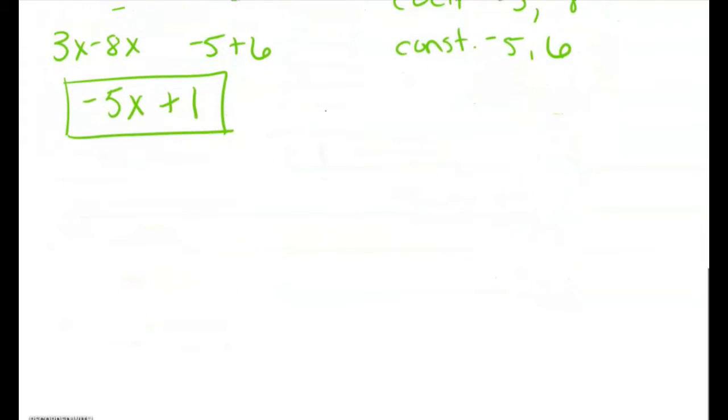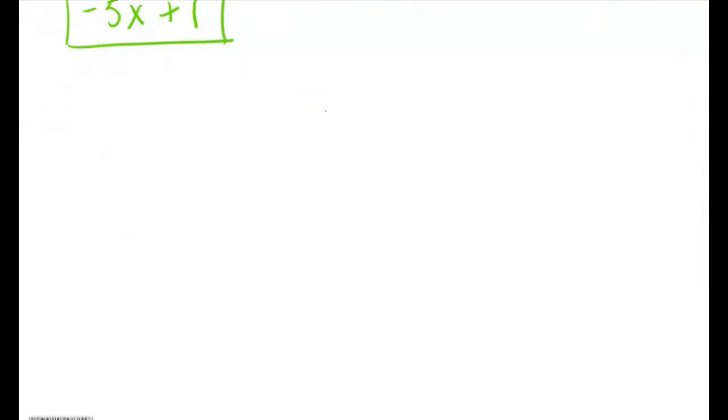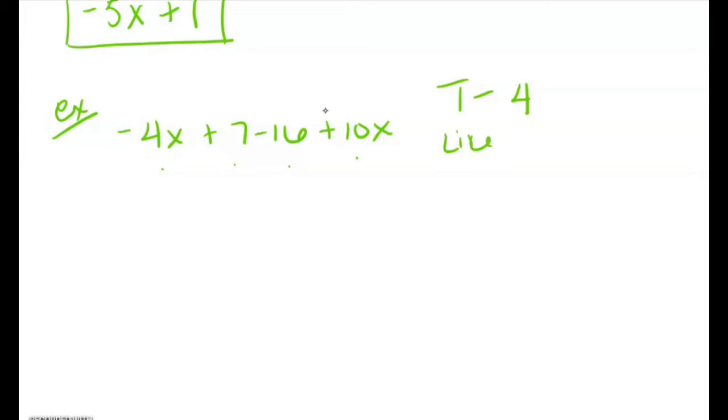All right, let's do another one. Let's do negative 4x plus 7 minus 16 plus 10x. How many terms? 1, 2, 3, 4. Like terms, I have negative 4x and 10x. And then I have 7 and negative 16.